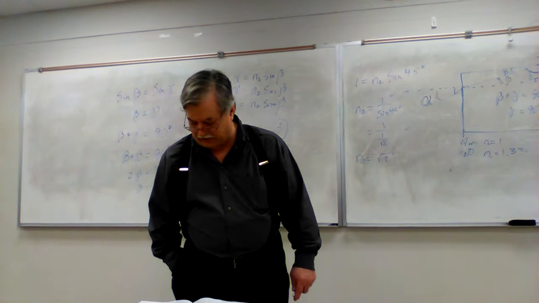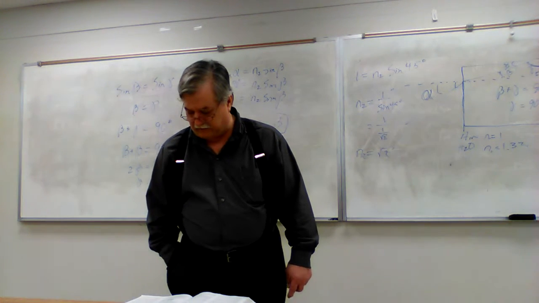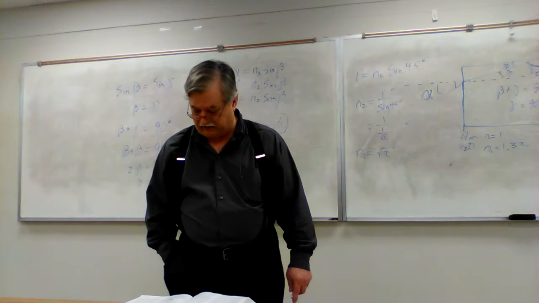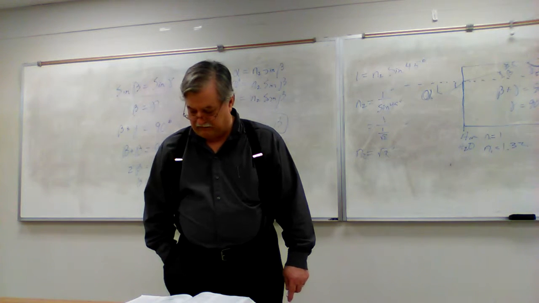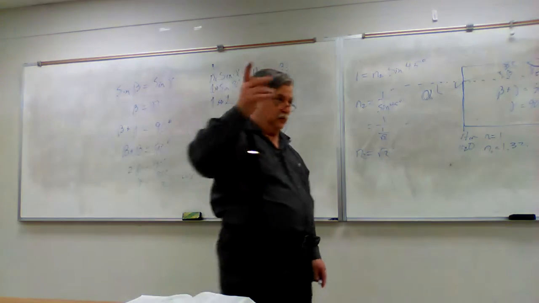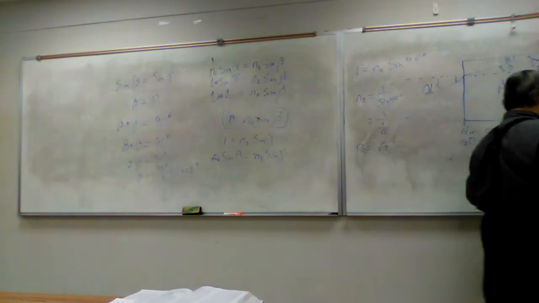41. A sharp image is located 391 millimeters behind a 215 millimeter focal length converging lens. Find the object distance using a ray diagram and by calculation. This is the one I told you all about you're going to need a ruler for.